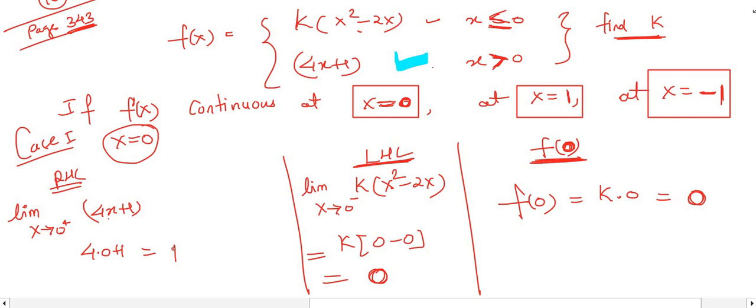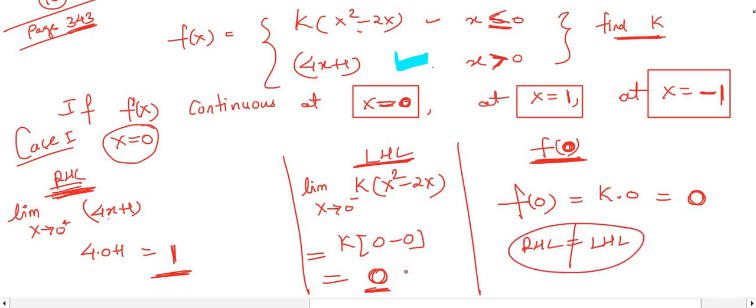In this you can see that RHL is 1, but LHL is 0 and function value is 0. So I can say LHL and RHL are not even equal. That means the function is not continuous for any value of k.